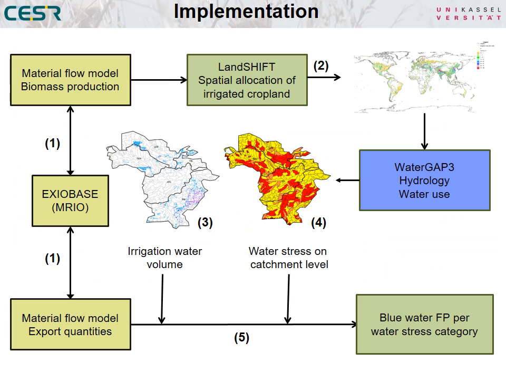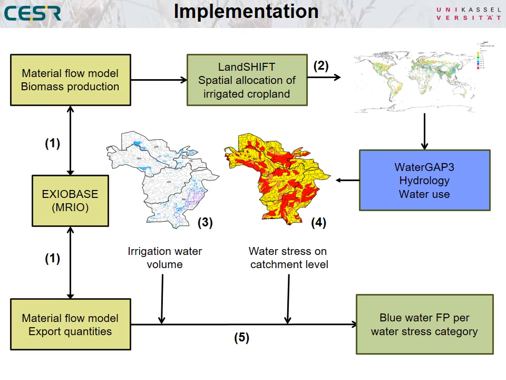Here we see a concrete implementation of the framework. The data component is given by EXIOBASE, a multi-region input-output database. We use this to derive material flow models for biomass production at country level, and a material flow model for export quantities of biomass to Germany. Then in the second step, we use the global land use model Landshift to create a spatial allocation of irrigated cropland.